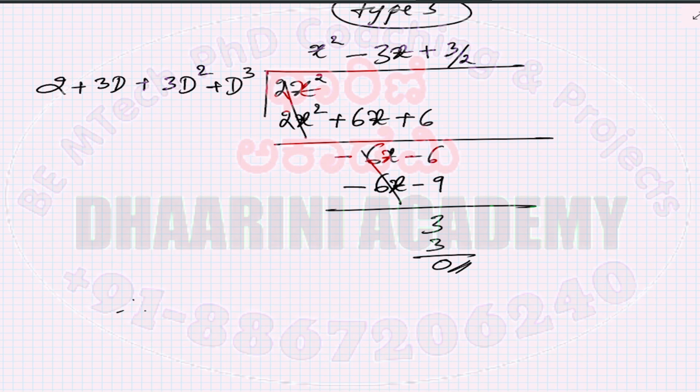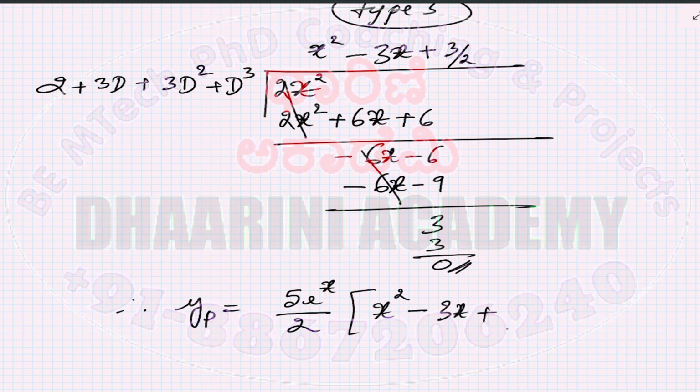So therefore, we write the yp now equal to, already we had 5e to the x divided by 2. I multiply this with the answer we just got from the synthetic division, that is x square minus 3x plus 3 by 2.